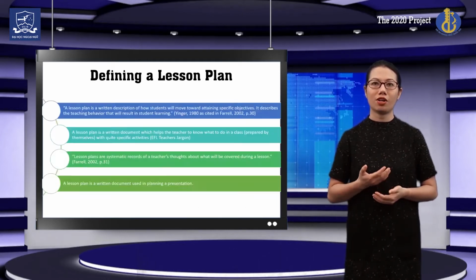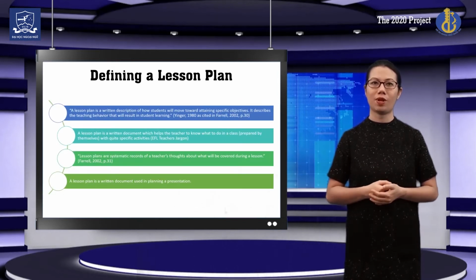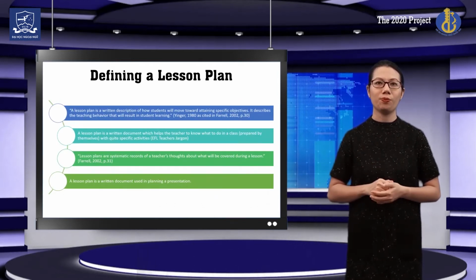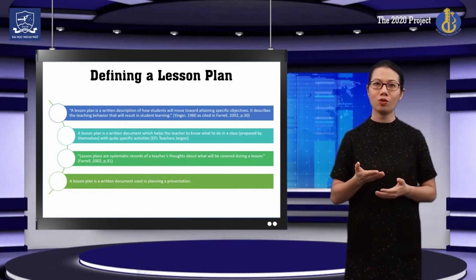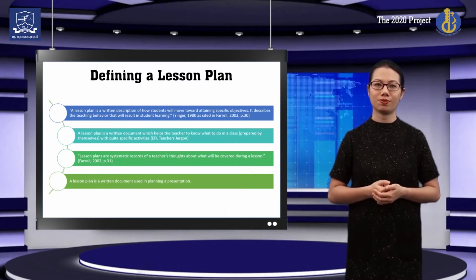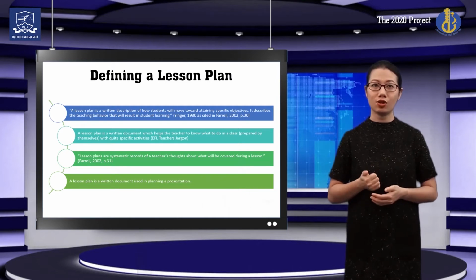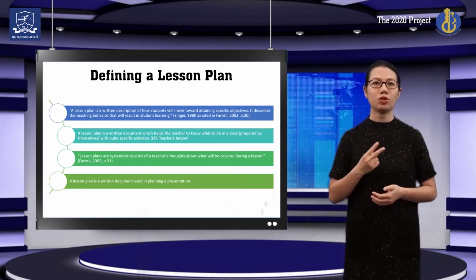On the screen are some definitions of a lesson plan. Number 1. A lesson plan is a written description of how students will move toward attaining specific objectives. It describes the teaching behavior that will result in student learning. Number 2.